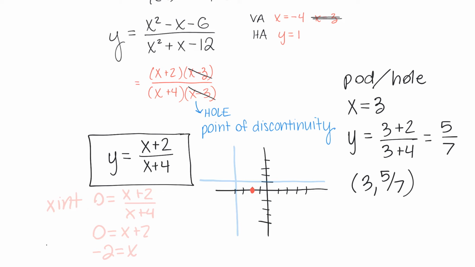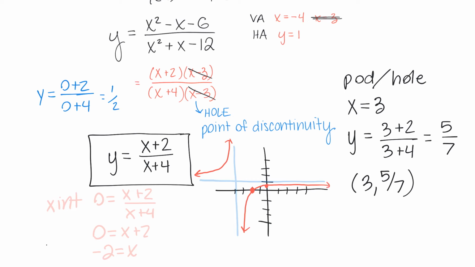If we want to find our y-intercept, we're going to replace our x's with 0. So 0 plus 2 over 0 plus 4. So I have a y-intercept at one half. So I'm going to go plot that. And that means I'm going to have a graph that looks something like this.